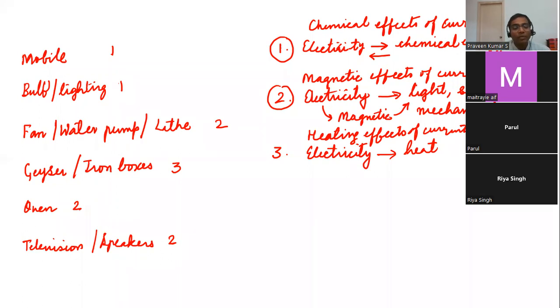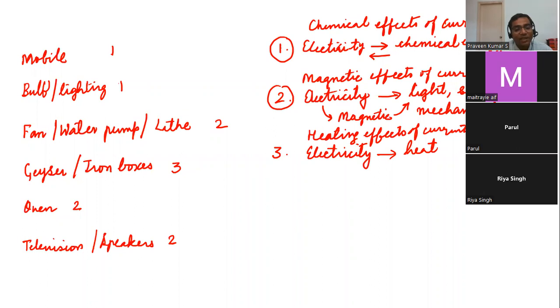And sometimes you might be confused with the combination. For example, if you take a microwave oven, you might be thinking that a microwave oven is actually heating an object. Am I right? What do you do when you're cooking something or heating water or boiling milk in a microwave oven? You will be thinking that the temperature is increasing. But how is the temperature increasing?